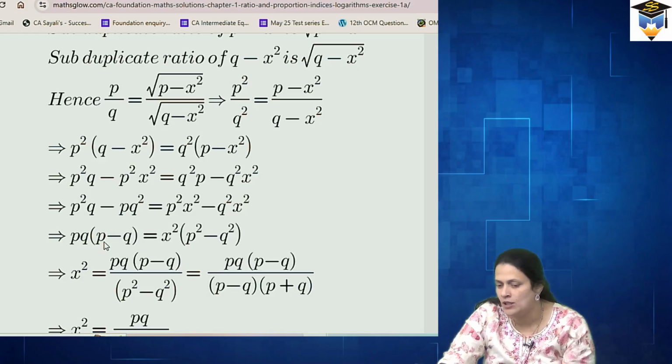So if you can see pq is common between these two terms, so inside bracket it becomes p minus q. Here x² is common, so it is p² minus q². So what is that? p minus q, p plus q. Cut. So pq upon p plus q is the answer.